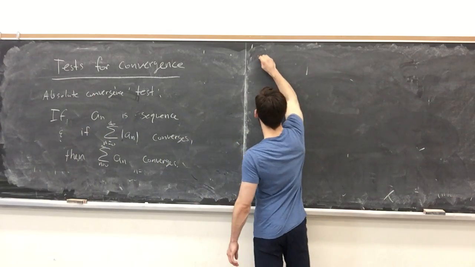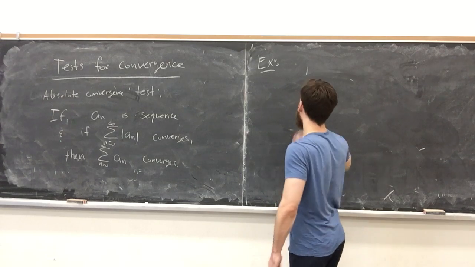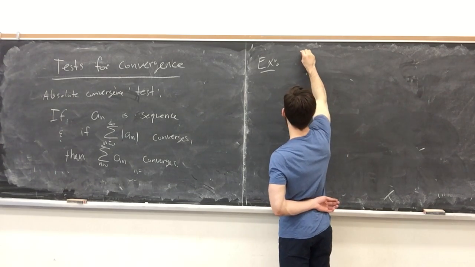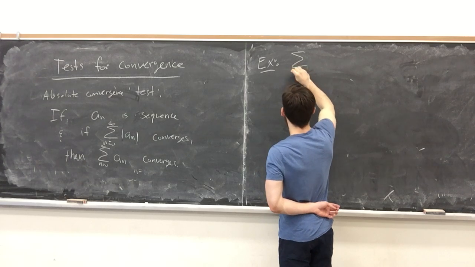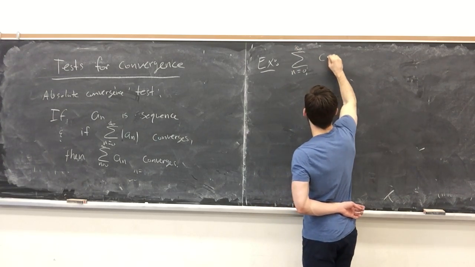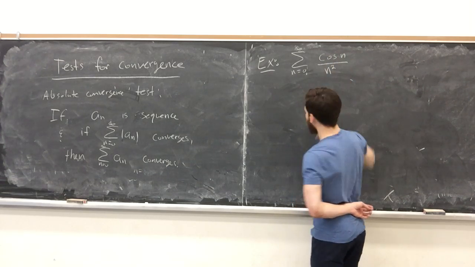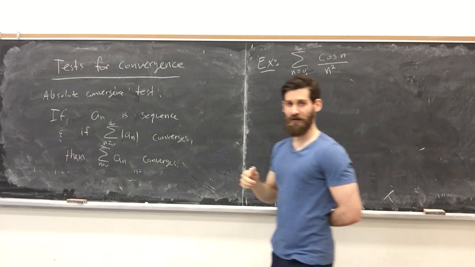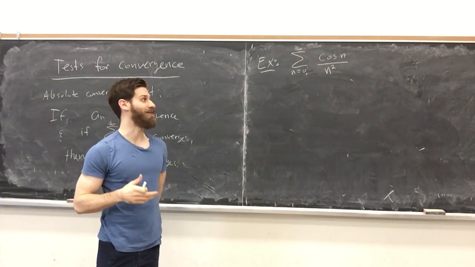So for an example, I gave a Top Hat question yesterday, and it asked if you could use the integral test to determine whether or not this infinite sum converges. It's cos n divided by n squared. And the answer is no, because it doesn't satisfy the conditions of the integral test.